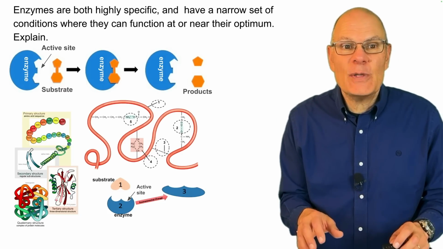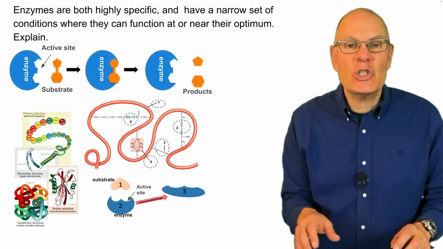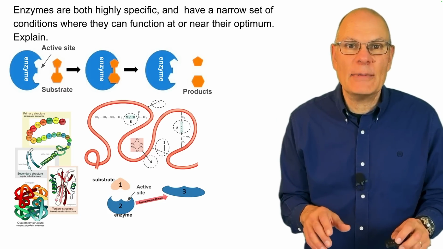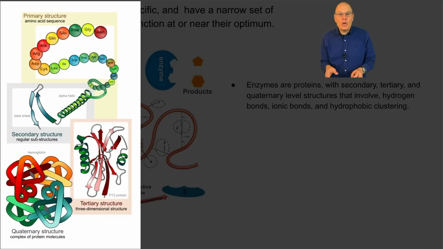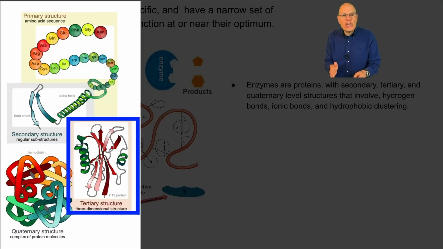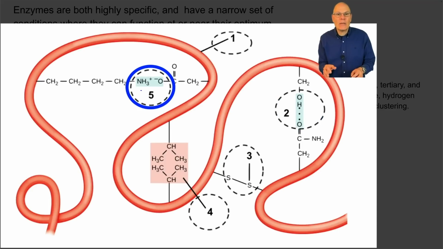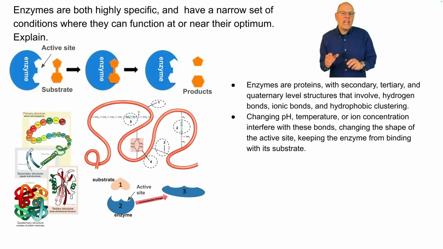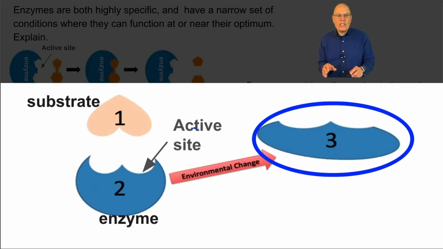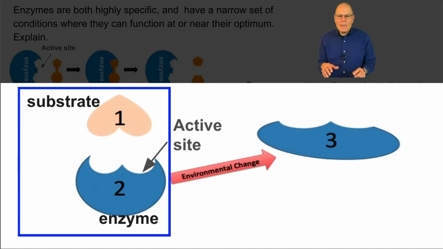Enzymes are both highly specific and have a narrow set of conditions where they can function at or near their optimum. Explain. Enzymes are proteins with secondary, tertiary, and quaternary level structures that involve hydrogen bonds, ionic bonds, and hydrophobic clustering. Changing pH, temperature, or ion concentration interferes with these bonds, changing the shape of the active site, keeping the enzyme from binding with its substrate.